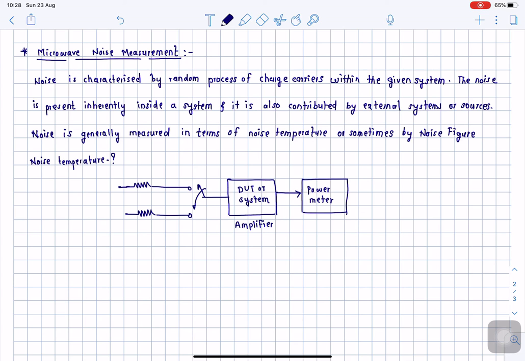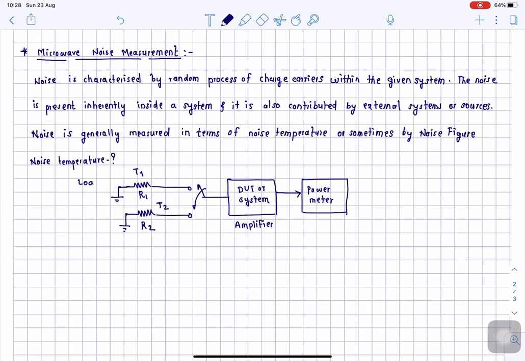First load has certain resistance R1, and second load has certain resistance R2. Now both these loads are at a different temperature. Let us say this load is at temperature T1, which is greater than the temperature T2 of the second load.